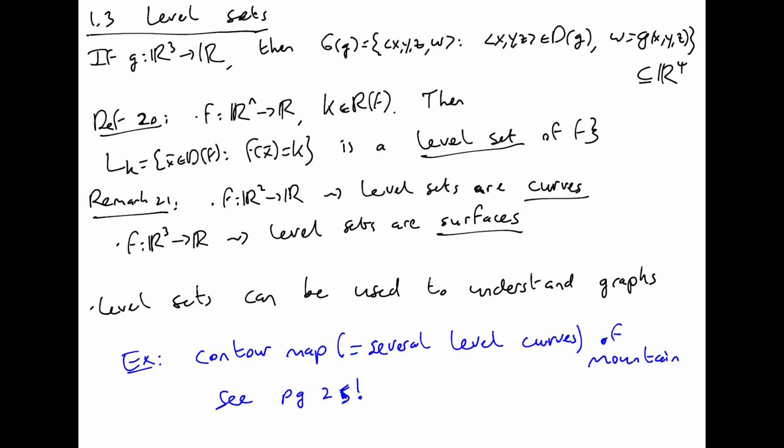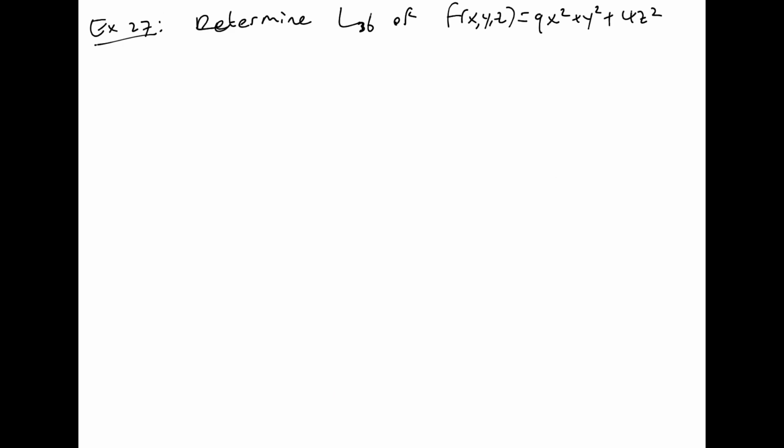The next question is how to sketch these level sets, and for that we will do an example. So we do example 27. The goal is to determine the level set at level 36 of this function: f(x, y, z) is 9x squared plus y squared plus 4z squared. Okay, let's look at how we solve this. First we look at the definition of the level set at level 36.